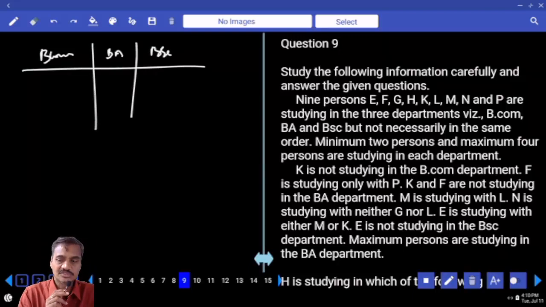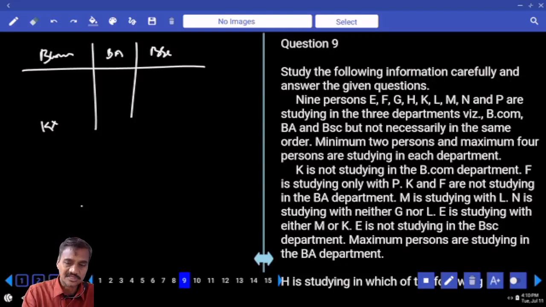K is not studying in the BCom department. F is studying only with P. That means in one department there are 2 persons, in another department 3, and the remaining department 4, so the combination is 2, 3 and 4.